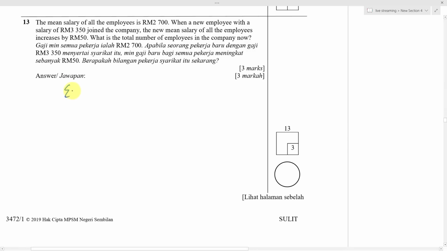We know the mean formula, right? The mean is the sum of x over n. Over here, I don't care about the old mean, I just want to form my new mean. My new mean is 50 more than 2700, so my mean now is 2750.